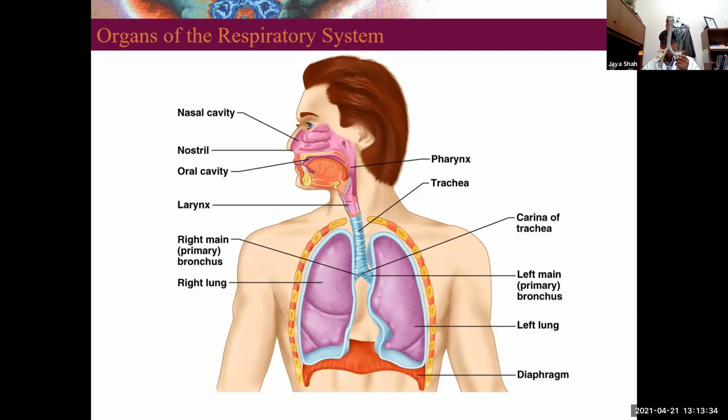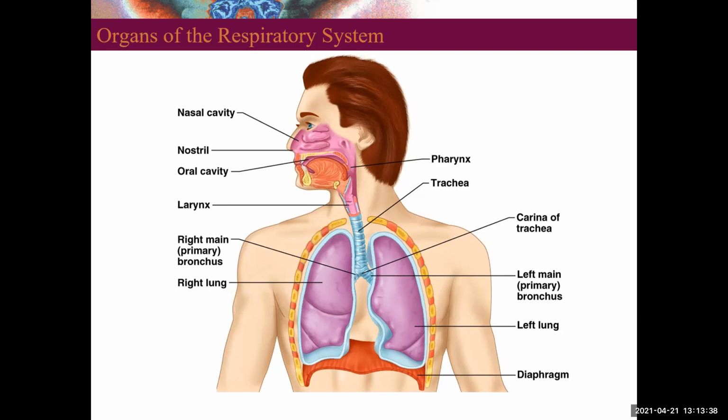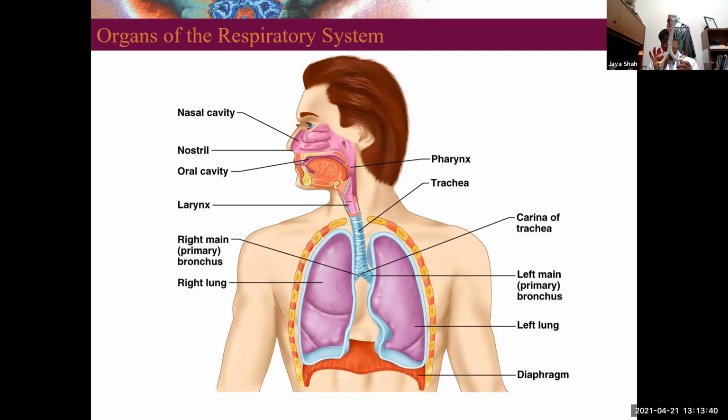Look at the model. Right is shorter. You see, right is shorter, and its diameter is also slightly bigger. In this model, it does not show, but right is shorter and it has a larger diameter. And it is more vertical.